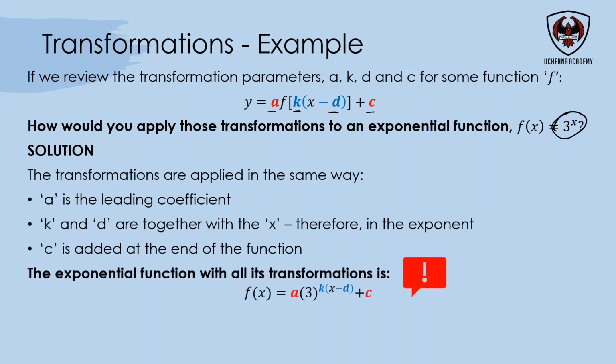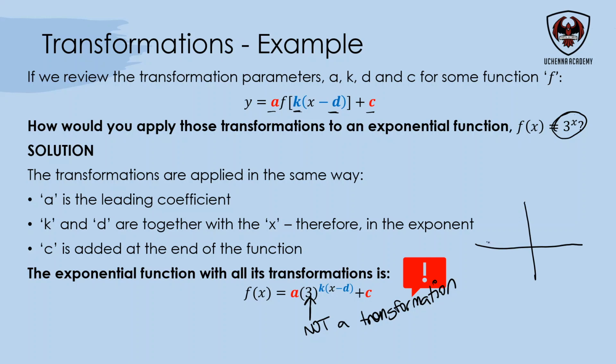So A is going to be at the front. We put the base that we started with, the 3, in a bracket, just so it doesn't get confused with the A. And again, this base here is not a transformation. Sometimes people will say, oh, what transformation? What does the 3 do? It doesn't do anything. It's actually your base function. It guides what the original function looks like.